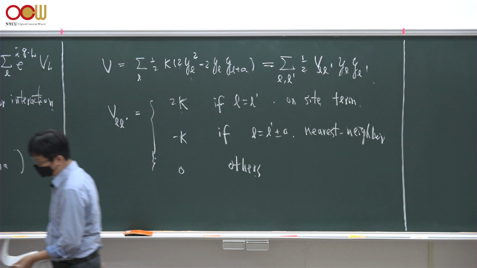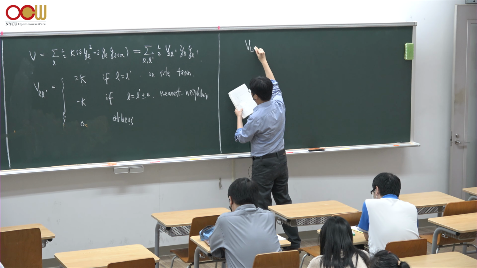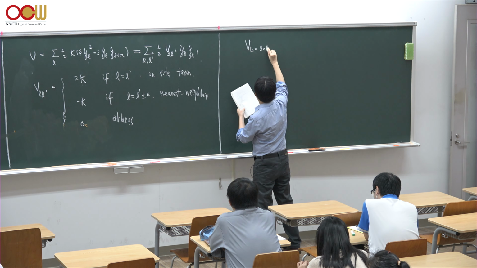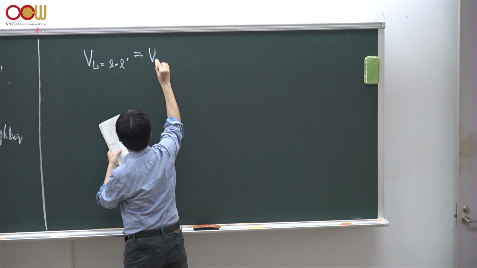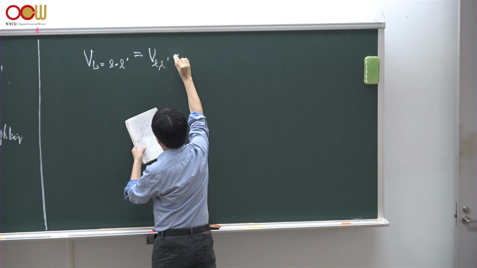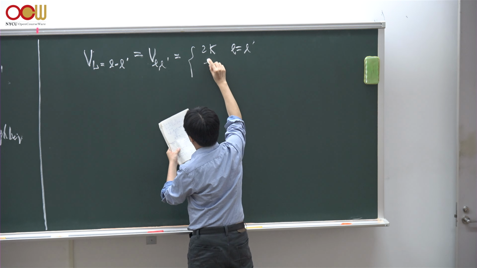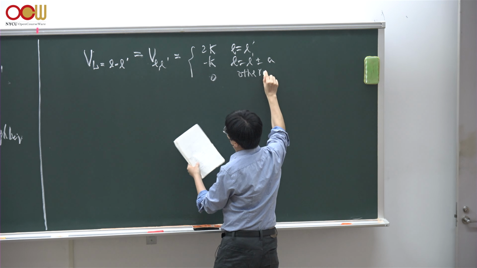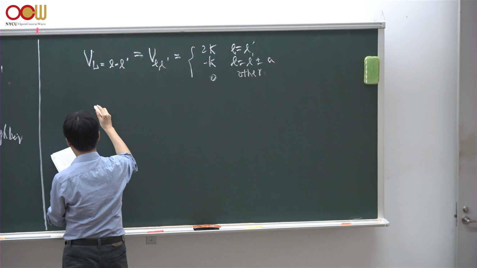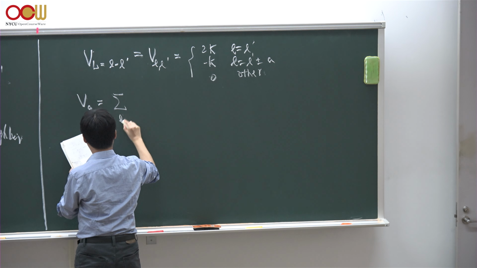So let's look at the consequence of such a simplified harmonic oscillator problem. See, that's V_L, where L is defined as l minus l prime, which is the same as V_{ll'}, which is 2K when l is the same as l prime, minus K for nearest neighbors, and 0 otherwise. And therefore we can evaluate V of q, which is the Fourier sum.